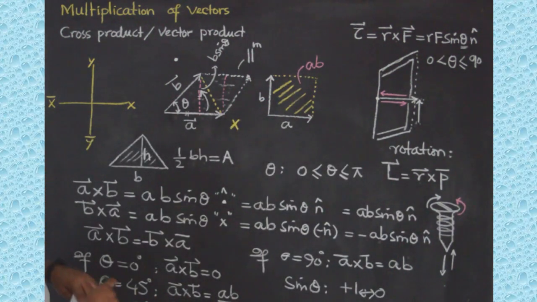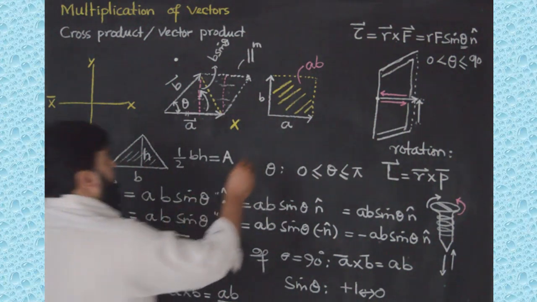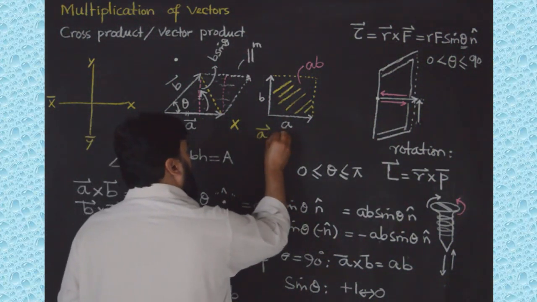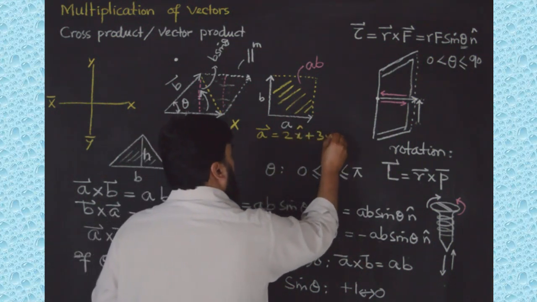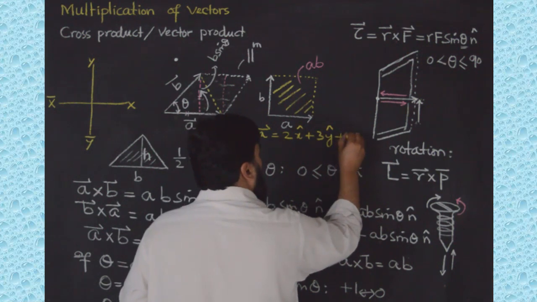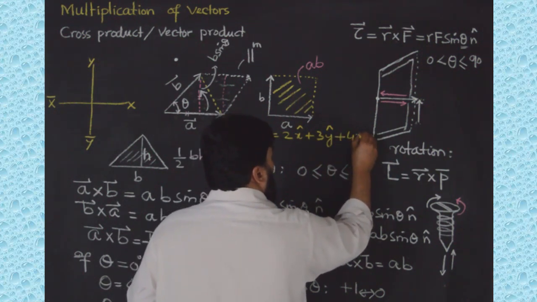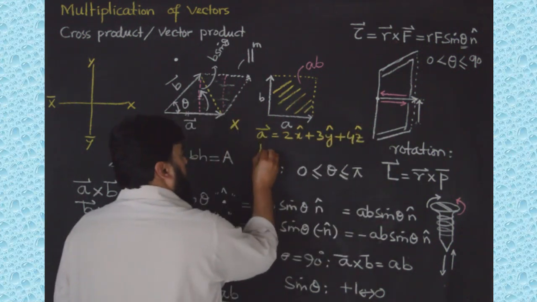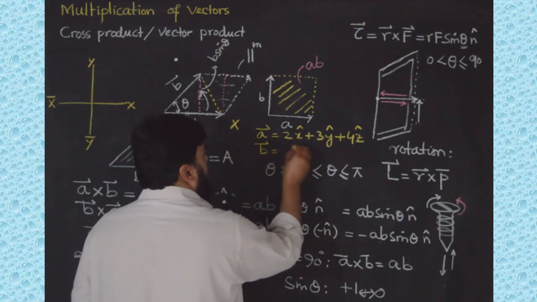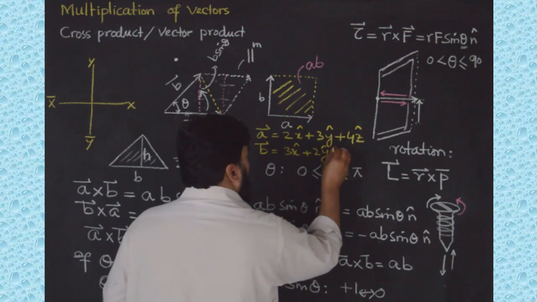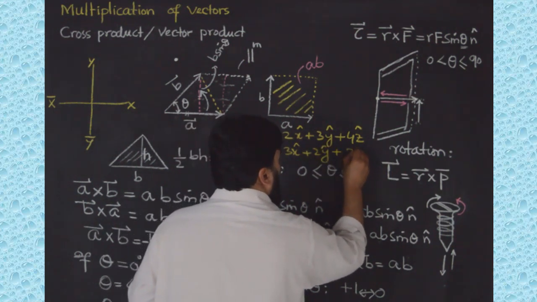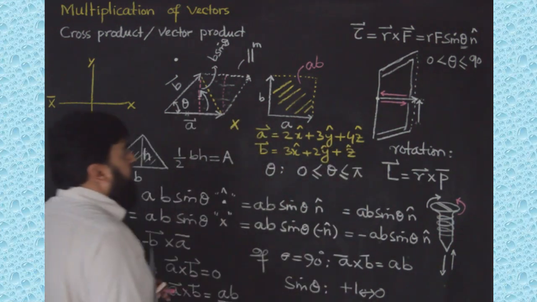Now in component form, we know that vector A is, for example, 2 n_x plus 3 n_y plus 4 n_z, and our vector B is, let's say, 3 n_x plus 2 n_y plus 1 n_z.